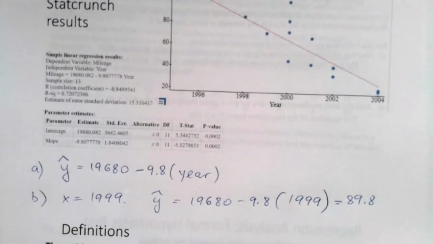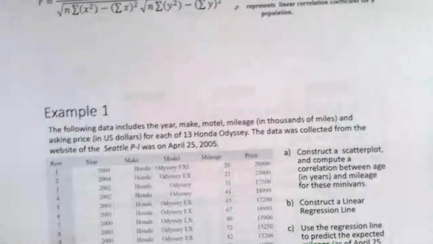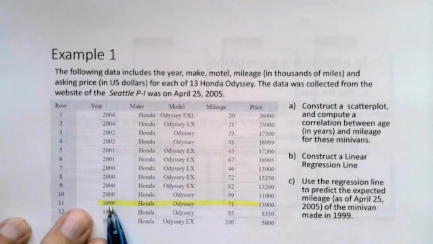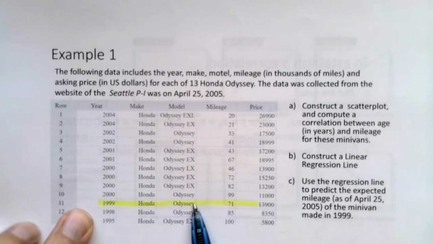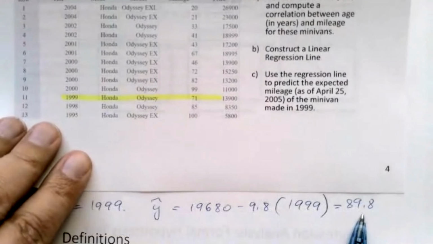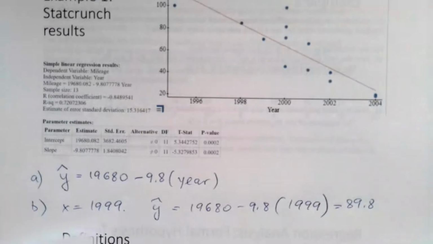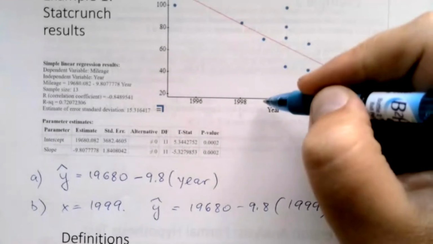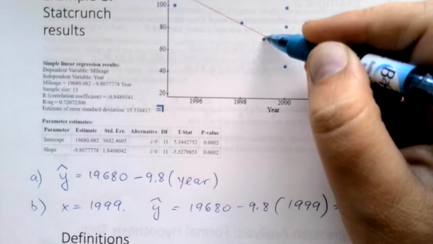Okay, now what about our actual data value? So in my data set, I actually had a car that was made in 1999. And what was its mileage? Its mileage was 71. So a little bit less than what I got predicted. Now, if we look at our chart, 1999 is right here.